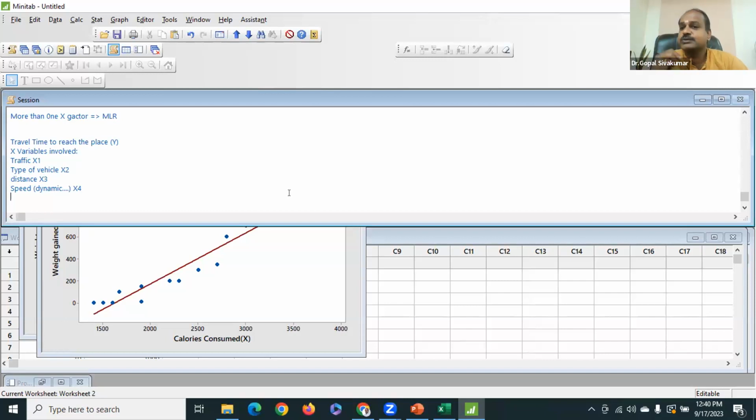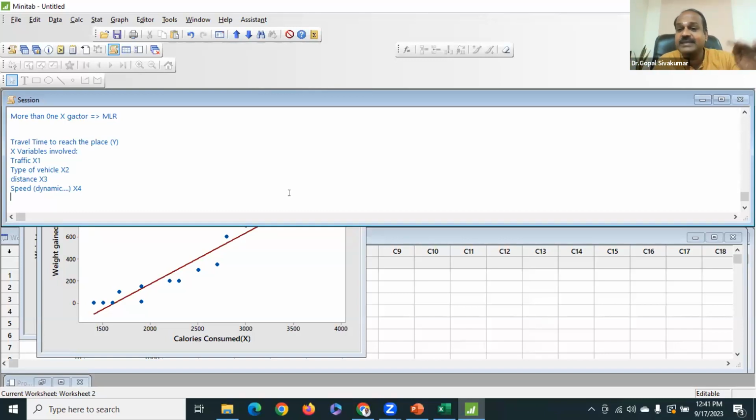Google Map exactly uses all of these x factors. All the four are significant factors. Do you think your shirt color is an important factor to decide on the distance? That is insignificant. You can wear any dress you want. The amount of food you consumed, that's insignificant. These are all insignificant factors.